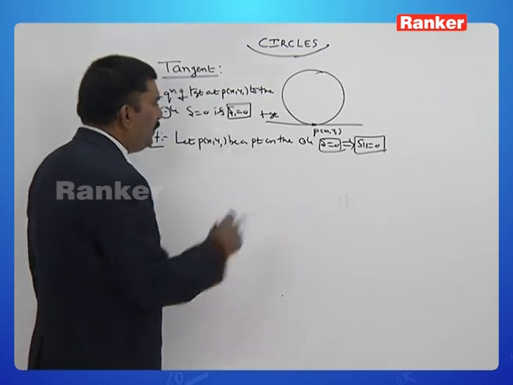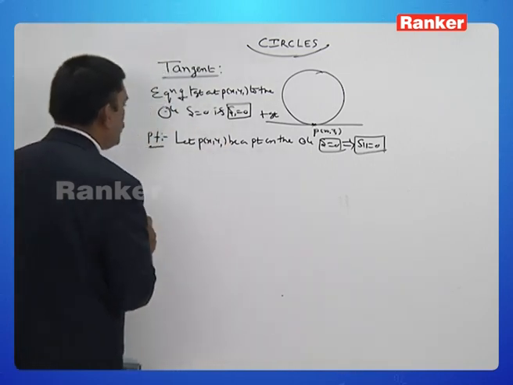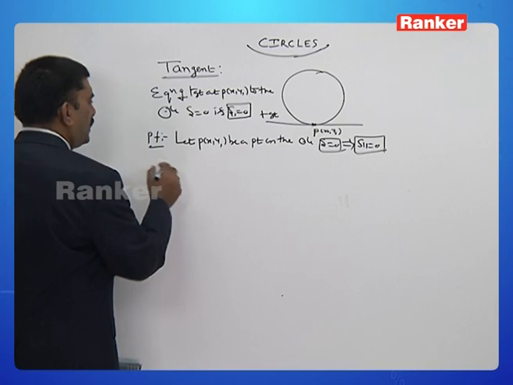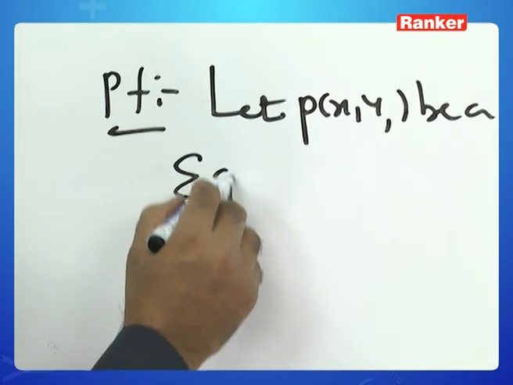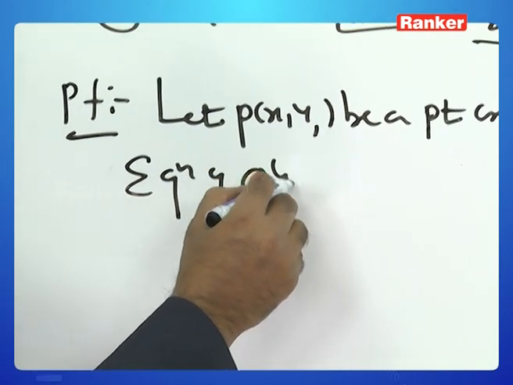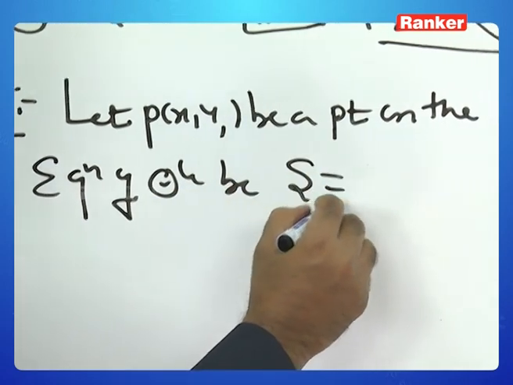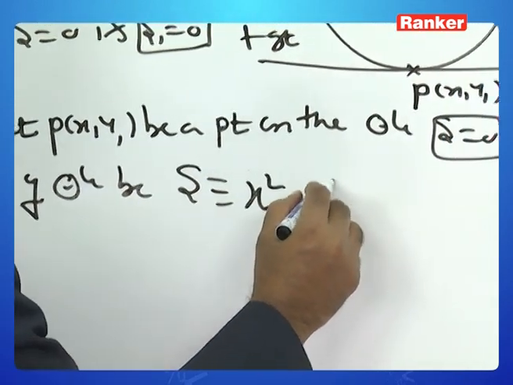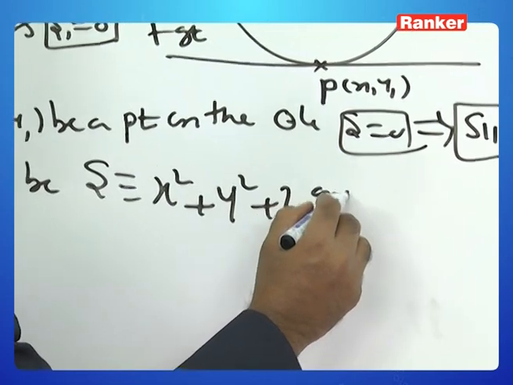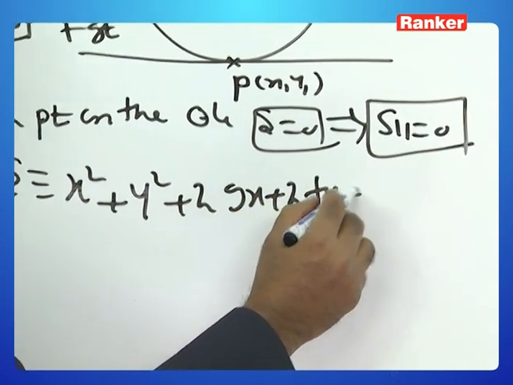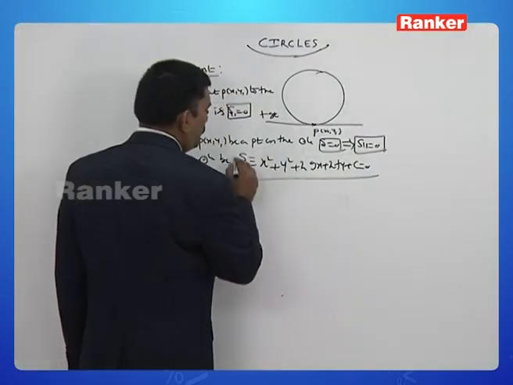So by using differential calculus, we differentiate. The equation of the circle S is x square plus y square plus 2gx plus 2fy plus c is equal to 0.